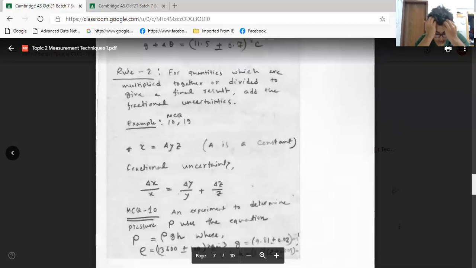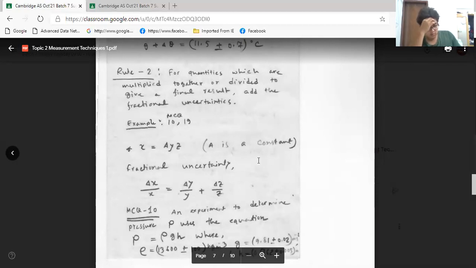For quantities which are multiplied together or divided to give a final result, add the fractional uncertainties. For example, if x equals ayz, where a is a constant. This one is giving you multiplication.